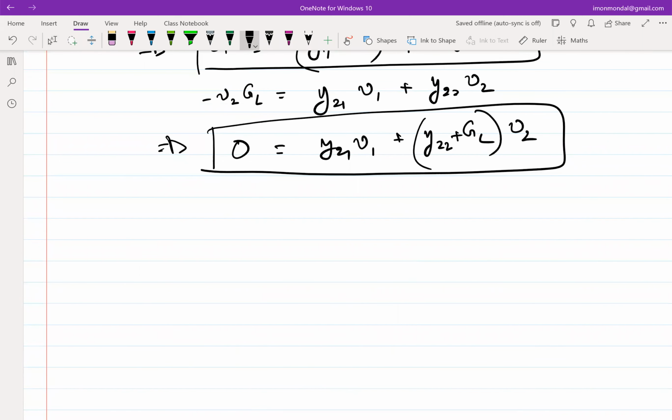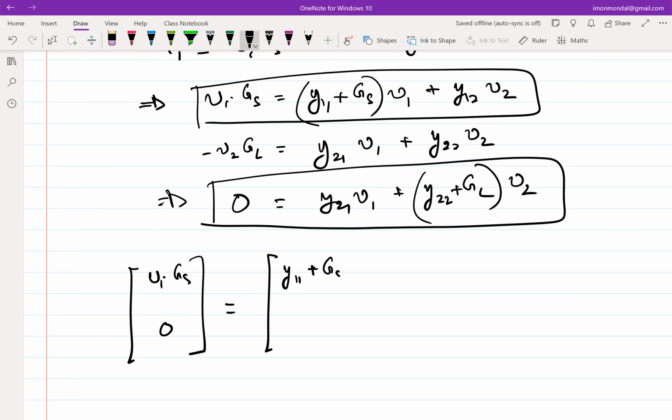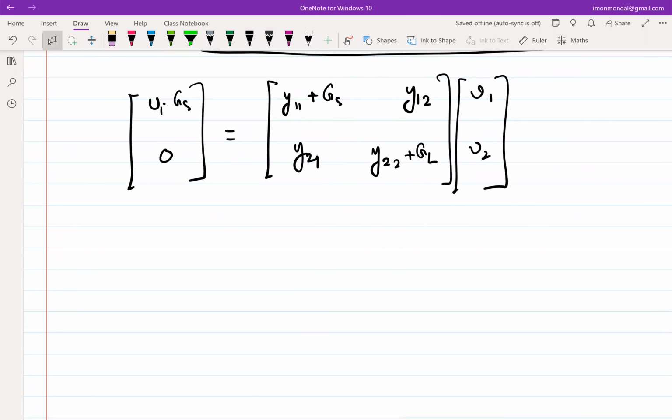So if I write it in the matrix form, what do I get? I get this. And now if I have to find out what V2 is in terms of VI, I can use Cramer's rule.